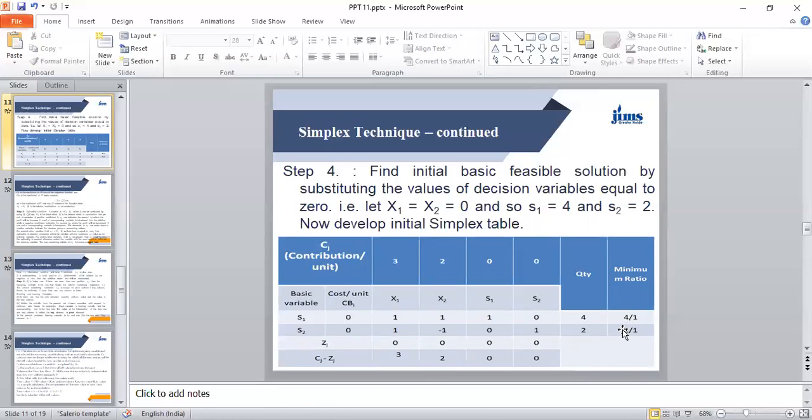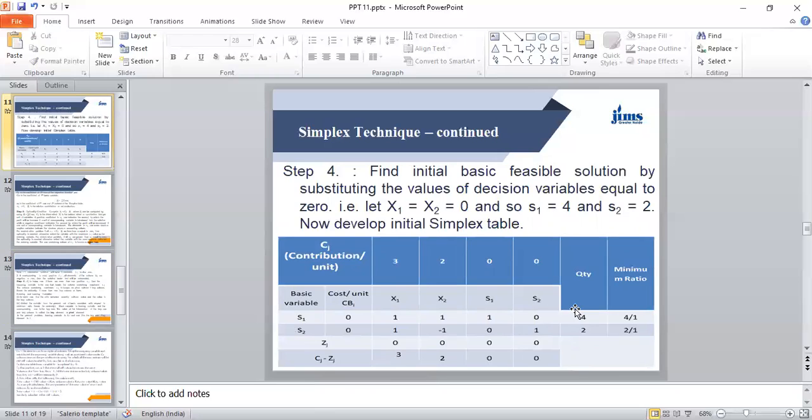The minimum ratio is 2, and the row corresponding to the minimum value in the ratio is known as the key row. So we have understood two things, key column and key row. The key column is the column corresponding to the maximum positive value in the index row, the net evaluation row.